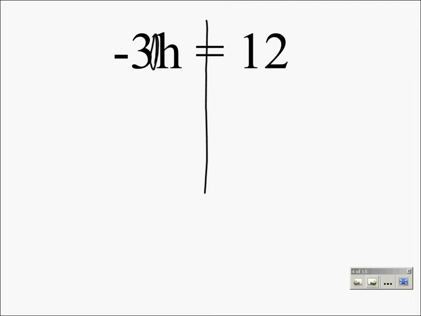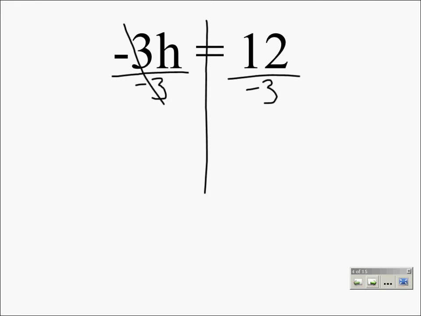There's no sign right here, so I'm trying to figure out what they're doing. If there's nothing there, that means they're multiplying. And the opposite of multiplying is dividing. So we're going to divide this side by negative 3. We want to divide by exactly what it was so it matches. Divide this side by negative 3.